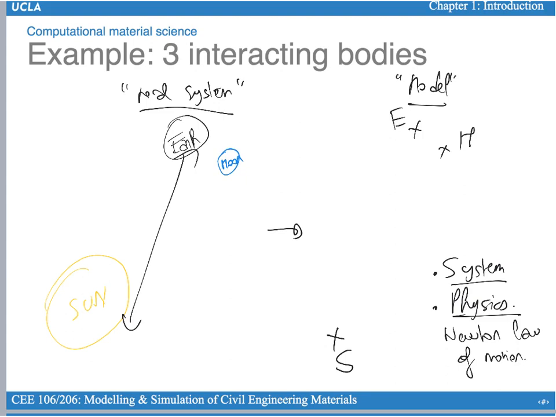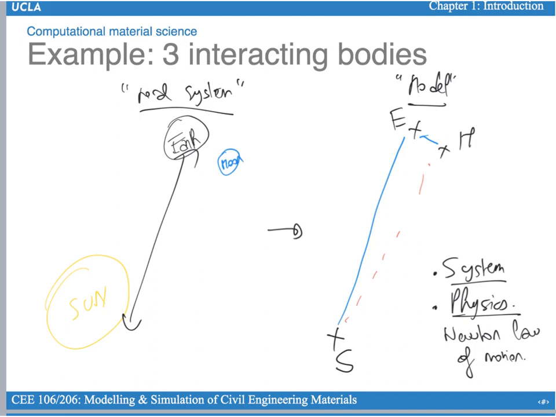So for example, here, the assumption that we can make is that we are going to neglect the interaction between the moon and the sun. Why? Because we are going to consider that the interaction between the sun and the earth, and between the earth and the moon, has a higher magnitude than the interaction between the moon and the sun.